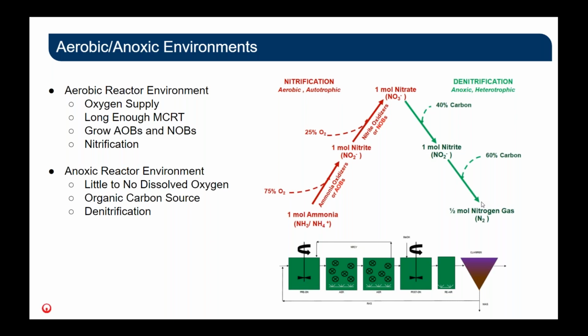It requires oxygen, and requires a long enough mean cell retention time. You grow ammonia oxidizing bacteria, nitrite oxidizing bacteria, and form the nitrate. From there, in an anoxic environment, you can then denitrify that nitrate that you formed, ultimately forming nitrogen gas.